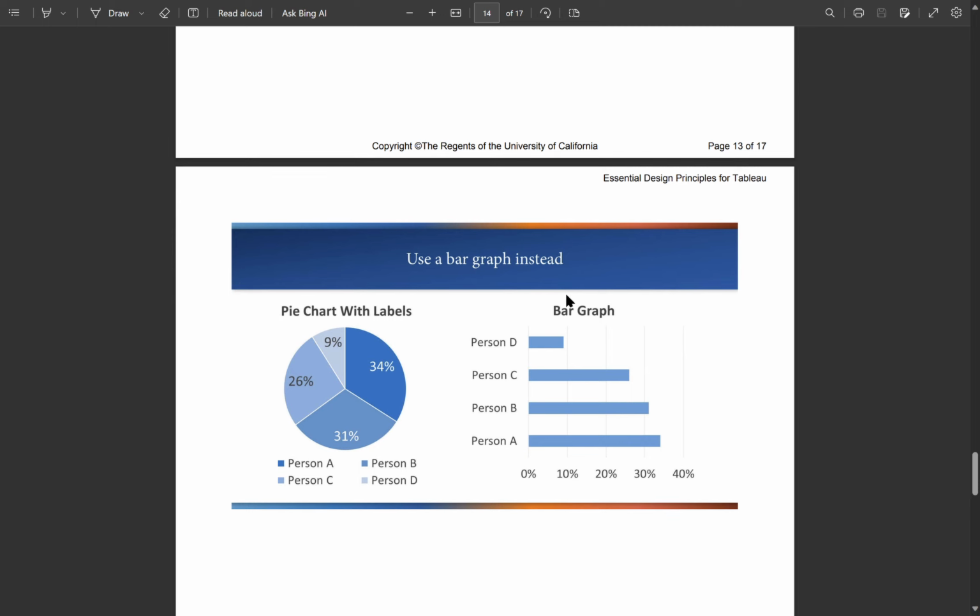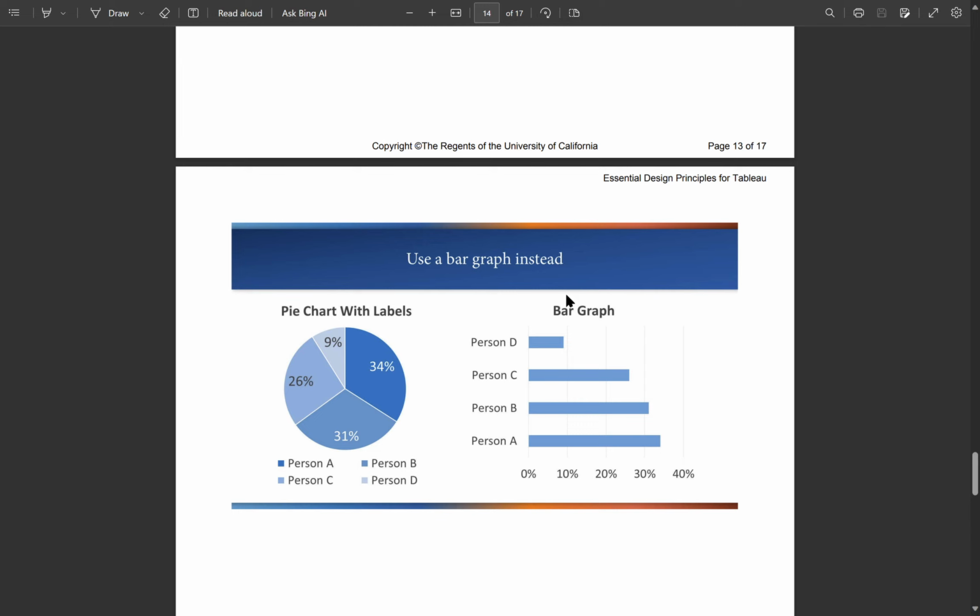In this slide, the pie chart on the left hand side is showing percentages, but the size of the pie seems to be really the same for 31% and 34% if we don't have the numbers on the pie itself. But look on the right hand side.